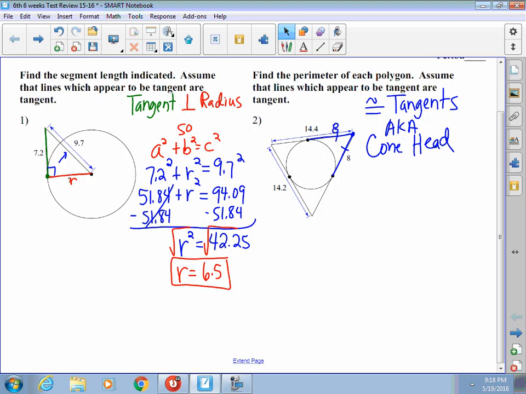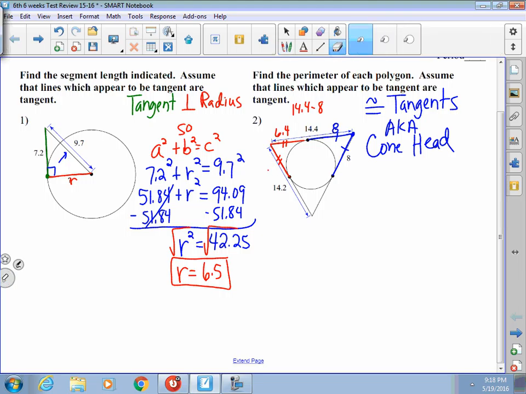And we're going to use that to find the missing tangents, because over here, that is a tangent, that is a tangent, they're both from the same point. These two tangents are also going to be congruent. So to get the length of my red tangents, I'm going to have to take that 14.4 minus the 8, because I know the whole segment is the 14.4, and that remaining part is going to be 6.4.